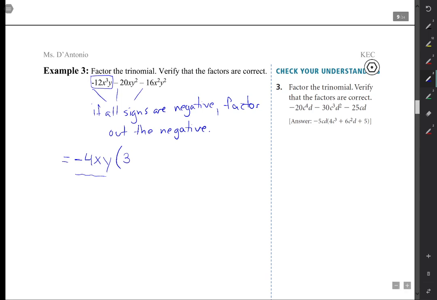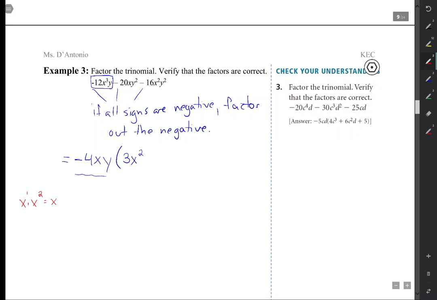Now, x times what would give me x to the power of 3? Well, x times x to the power of 2 would give me x to the power of 3. Remember, we need to add the exponents when we're multiplying variables here. And I'll just do a little side note. X times x to the power of 2. Well, there's an invisible exponent 1 here. These are the exponent rules you learned in grade 9.